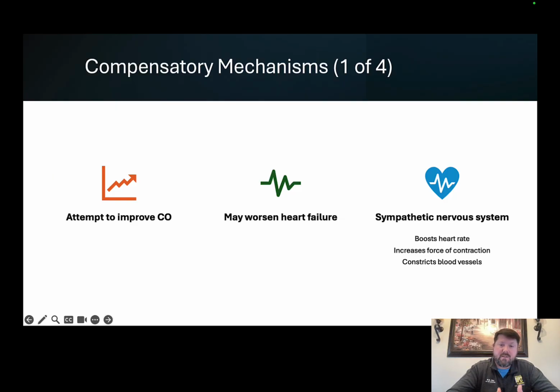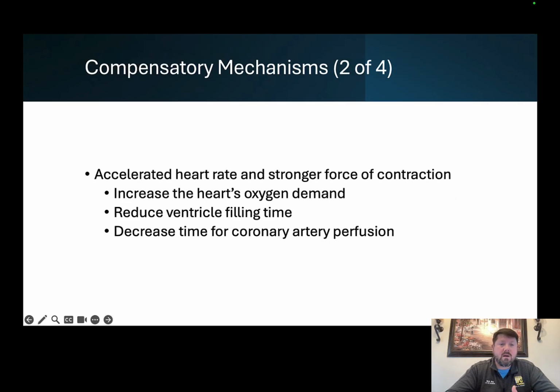The sympathetic nervous system is actually going to place an increased workload and an increased oxygen demand on the heart. It also increases the heart rate, and it tries to have a stronger force of contraction, or a stronger contractility. This increases the heart's oxygen demand. It reduces the ventricular filling time. So now you've already got even more of a decrease in cardiac output, and it decreases the time this allows for coronary artery perfusion.